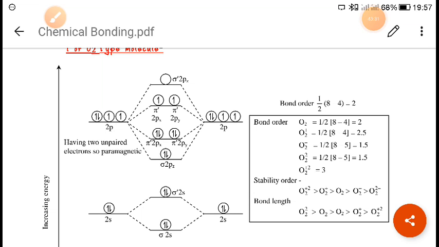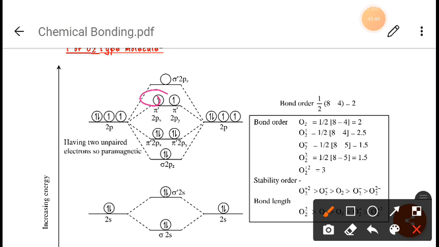So the paramagnetism of the O2 molecule can be confirmed like this: from this molecular orbital diagram, the Aufbau order of filling molecular orbitals leaves two unpaired electrons, one each in pi star 2px and pi star 2py molecular orbitals. Thus we can say that the oxygen molecule possesses two unpaired electrons even in the ground state.